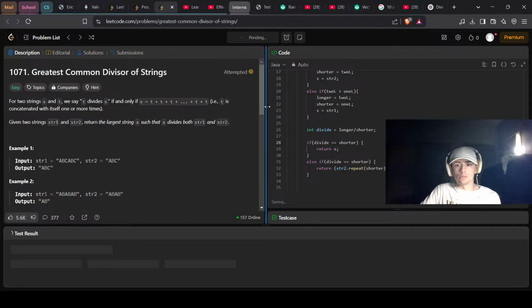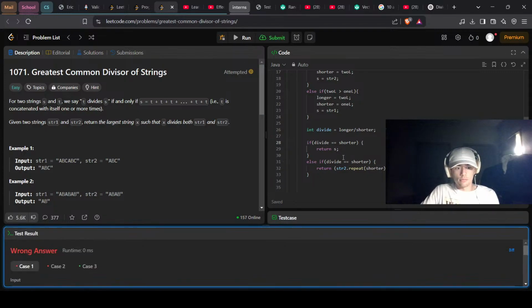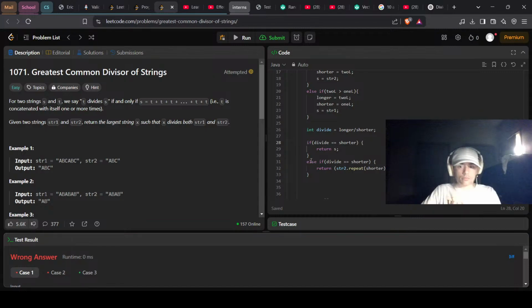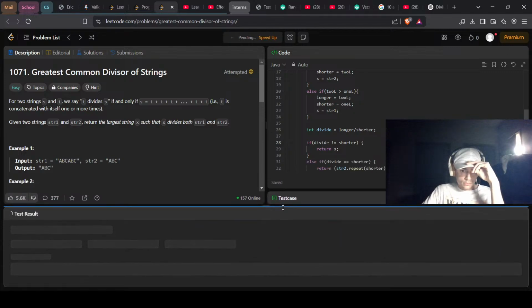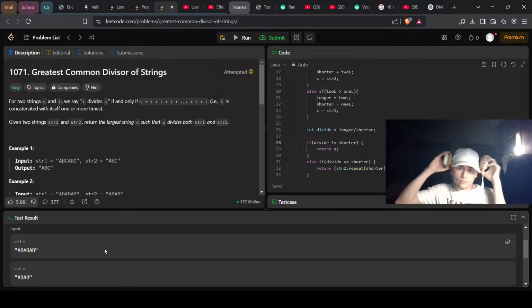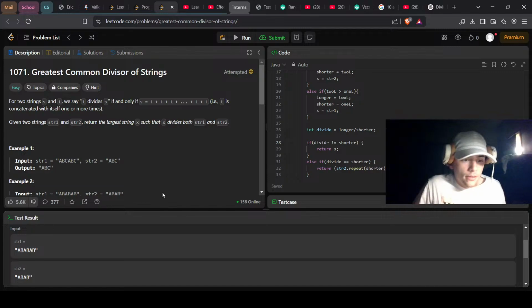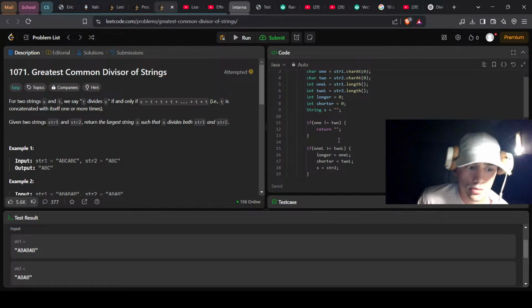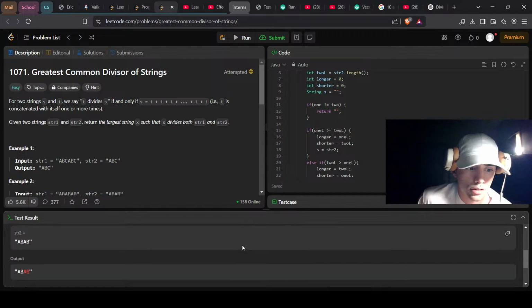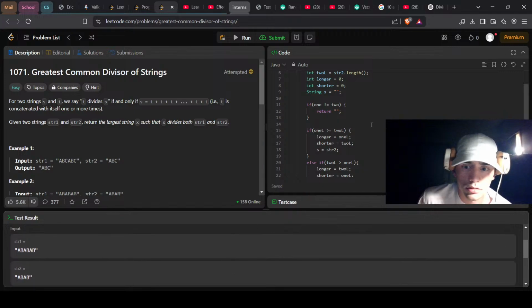What if I make it equals? And then I'm gonna get an error, you know. Let me think. If 1 is not equal to 2, we're gonna return empty. We're not getting that. String 1 is bigger, so string 1 is longer.